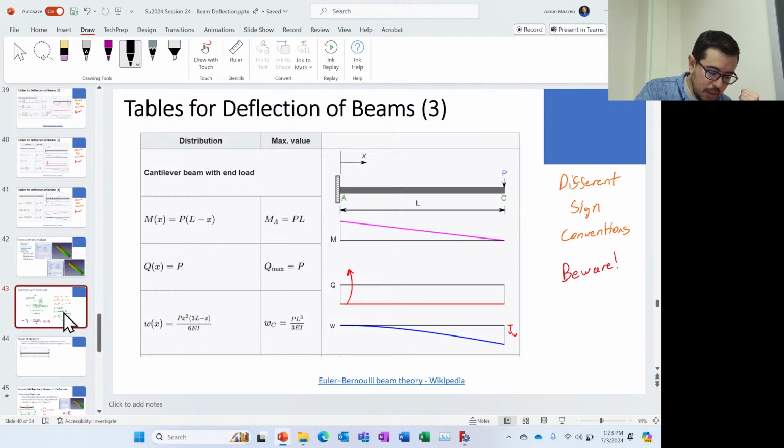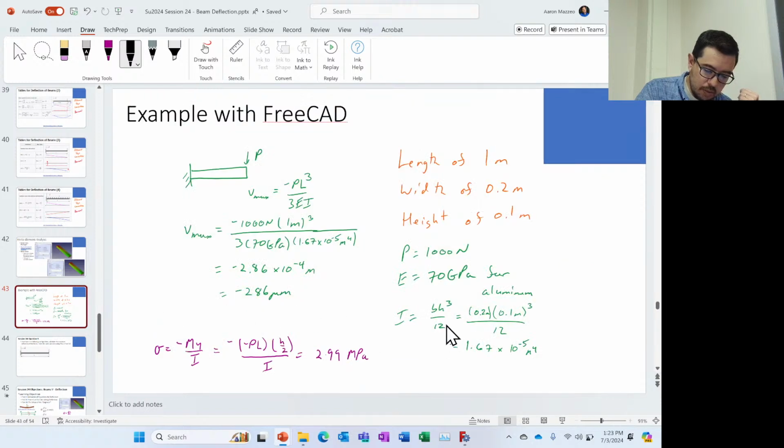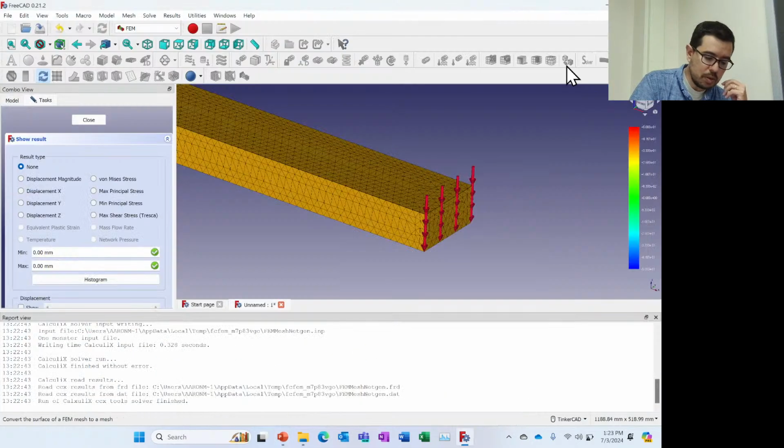That would have been BH cubed over 12, so it was 0.2 meters wide, 0.1 meter tall, and then cubed over 12. So this is the I. And hello Dylan, if we plug these values in, we get a displacement of 290 microns.